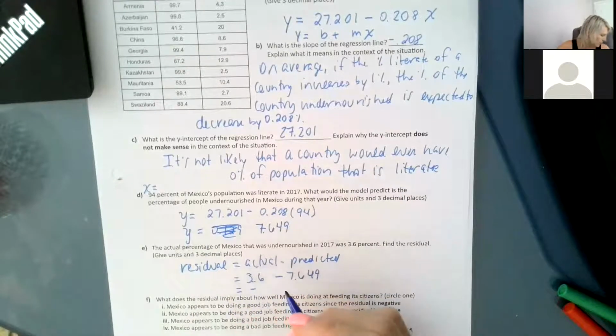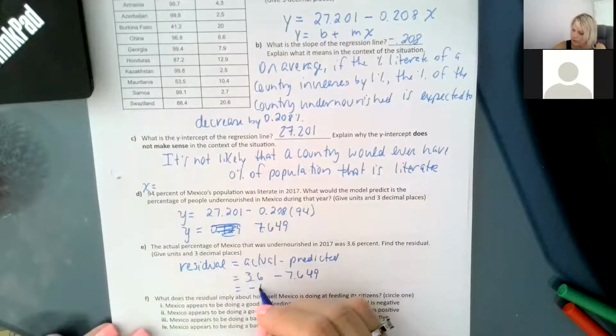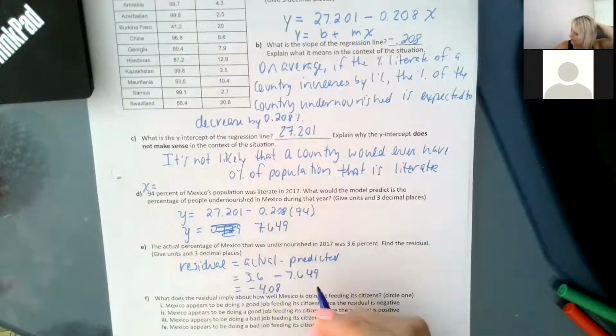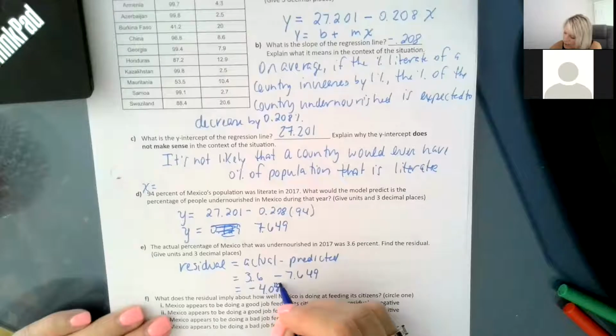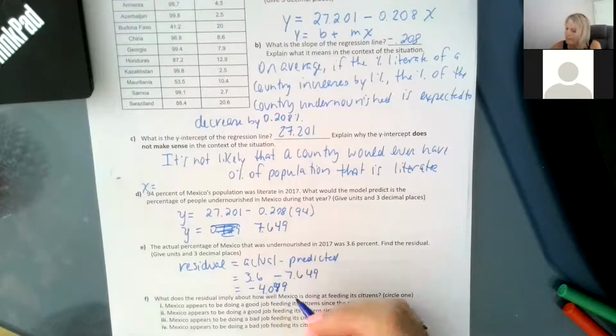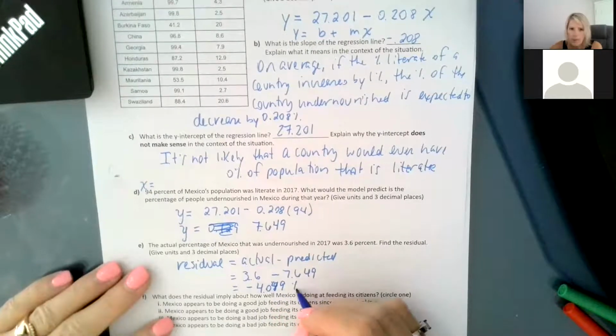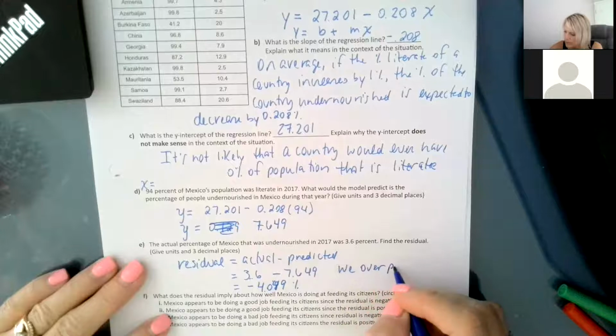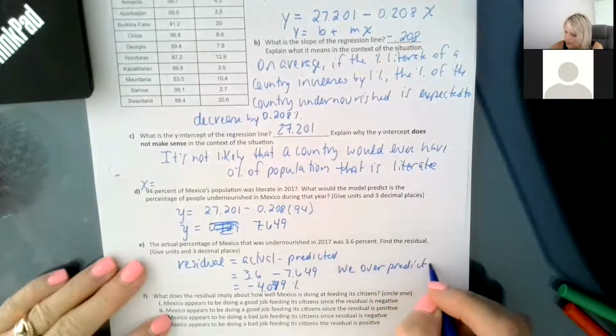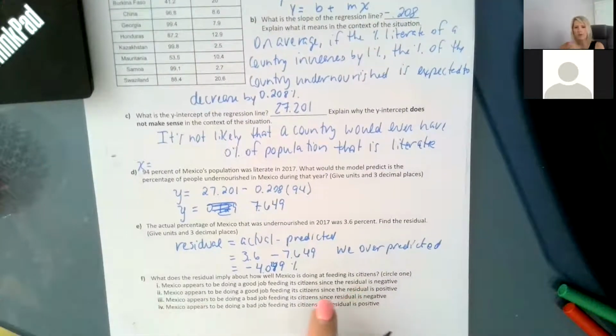And so our residual is a negative 4.049 percent. So we over predicted, right? They performed better. They have fewer people undernourished than what we thought, which is great.